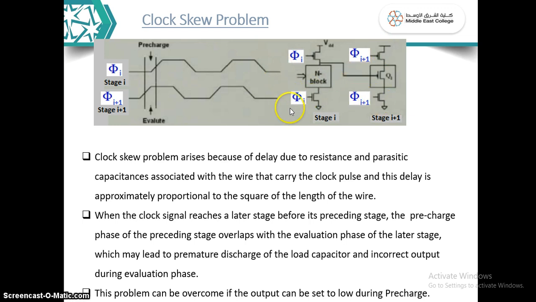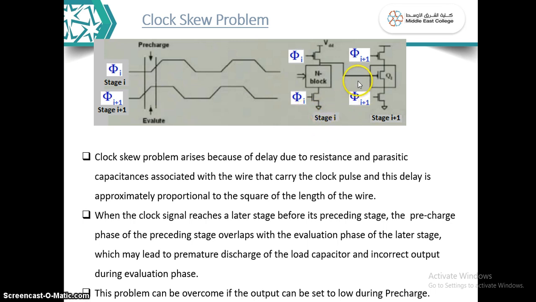But this is the ith stage, and this is the (i+1)th, next stage. Now the clock skew problem arises because of the delay due to the resistance and parasitic capacitance associated with the wire. And always remember this delay will be proportional to the square of the length of the wire. So if the length is more, the delay will be more.